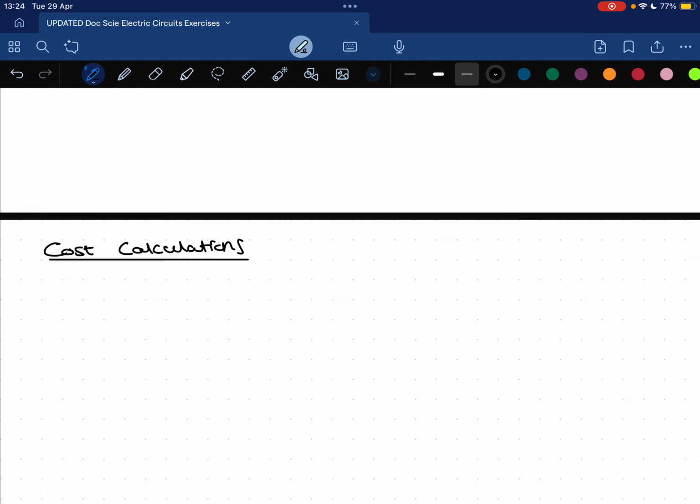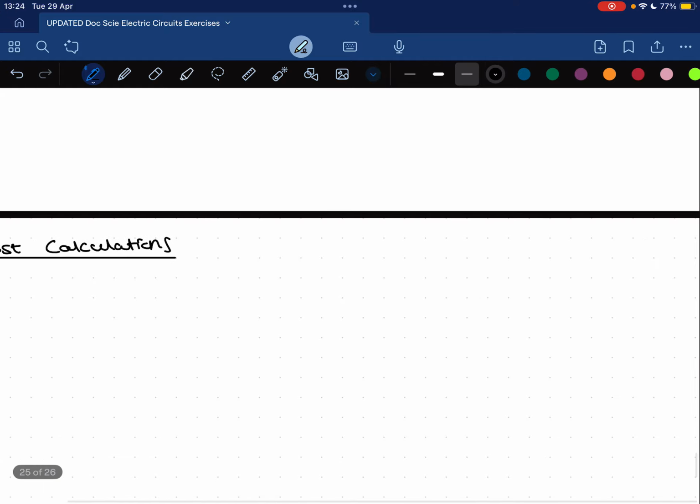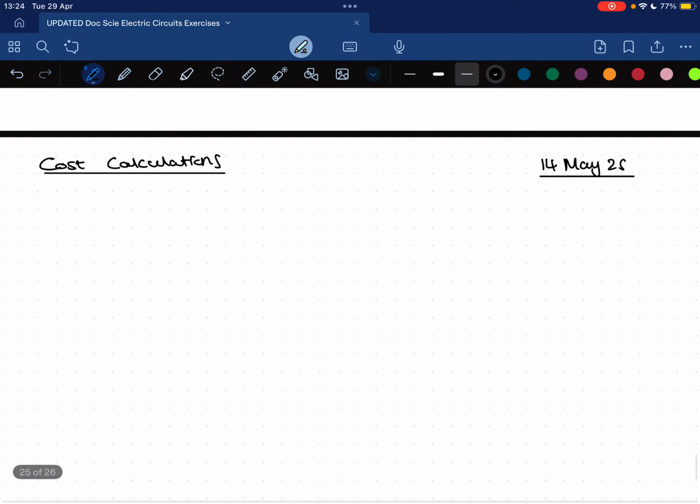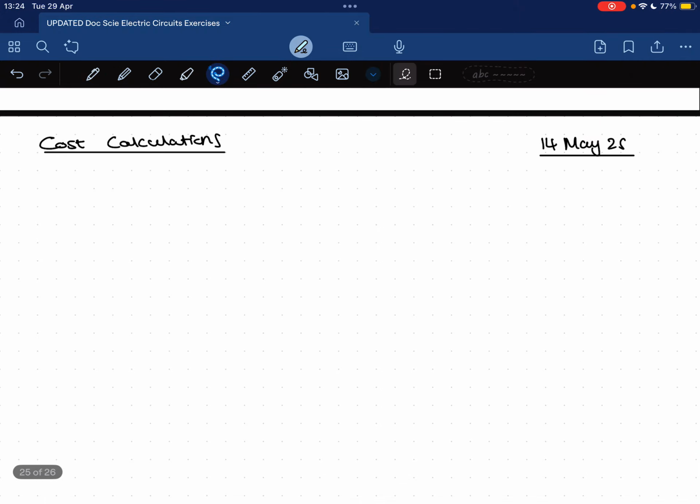Okay, and the date would be the 14th of May. So now we're going to look at how we calculate the cost, basically, of electricity.